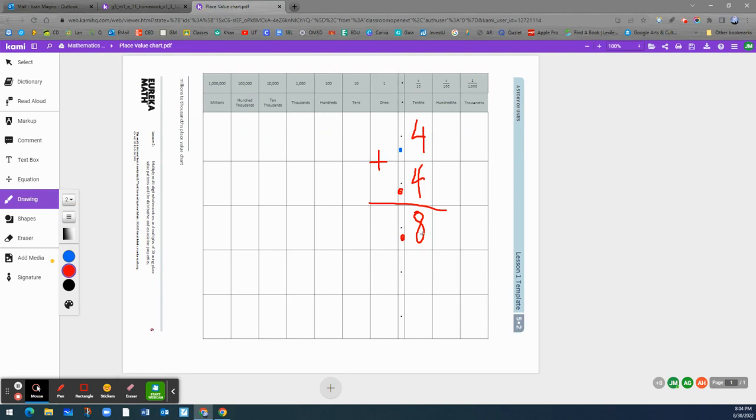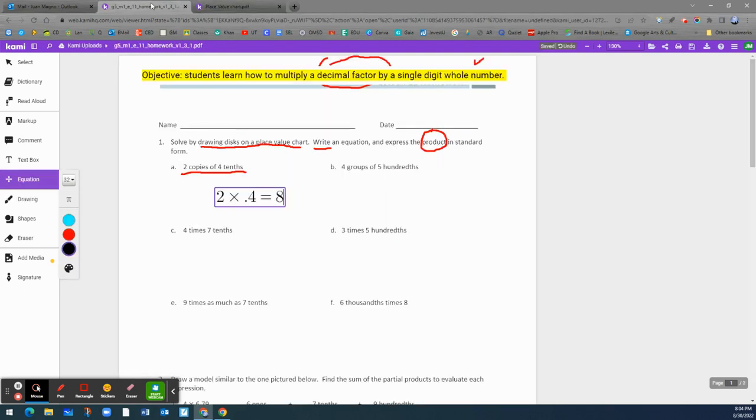Just like in this area, but remember, look at where the decimal is. There has to be a decimal. See this decimal at the end, and in the product you need to have the same thing. There has to be one digit to the right of the decimal.